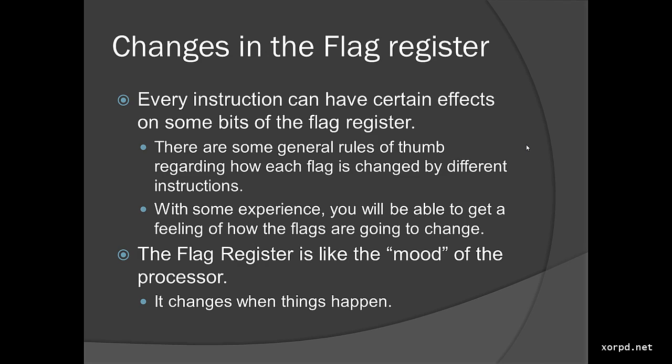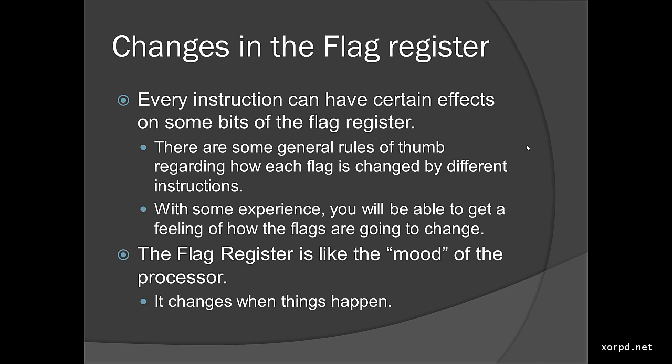However, still in every different occasion or every different instruction, the flags are affected a bit differently. There are some little subtleties for each instruction about how it changes the flags. However, if you have the general idea of what a flag means, then you don't have much problems.